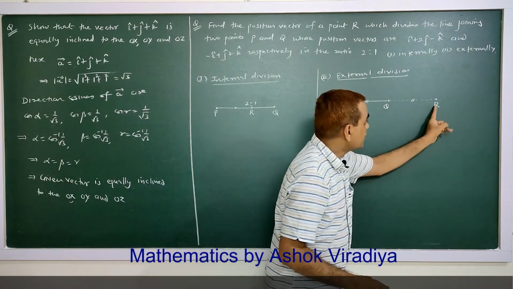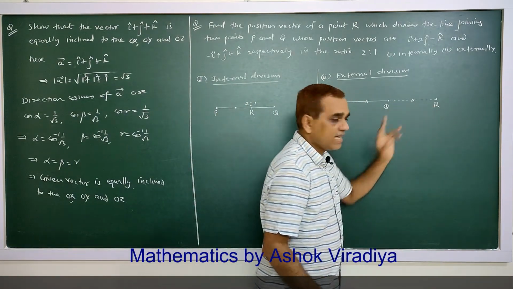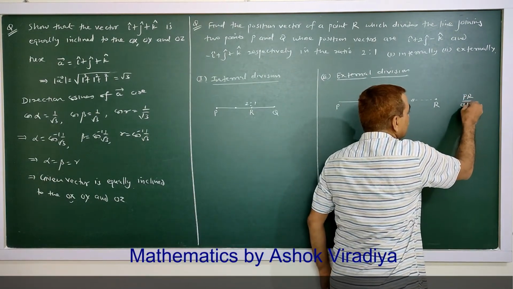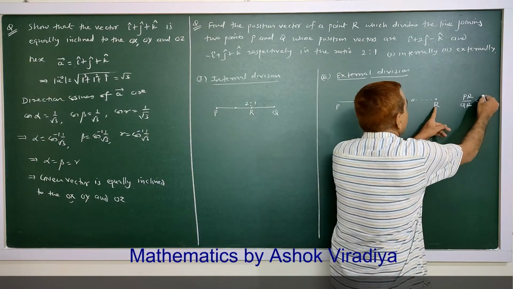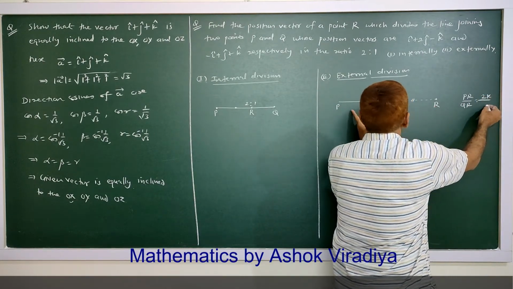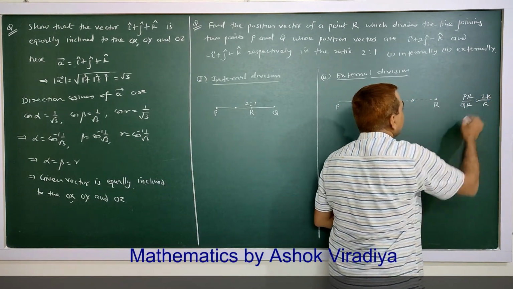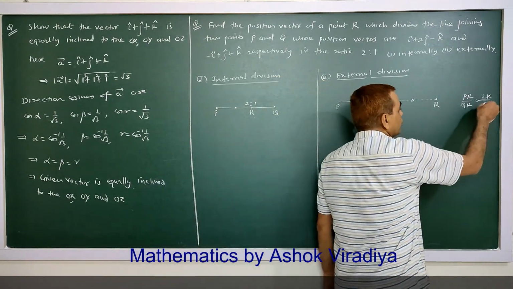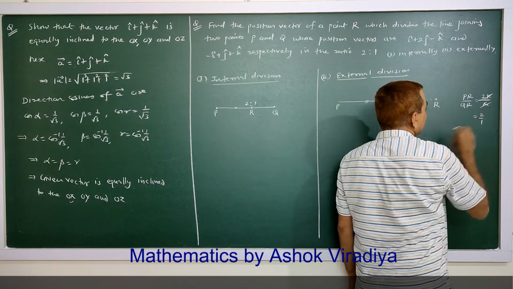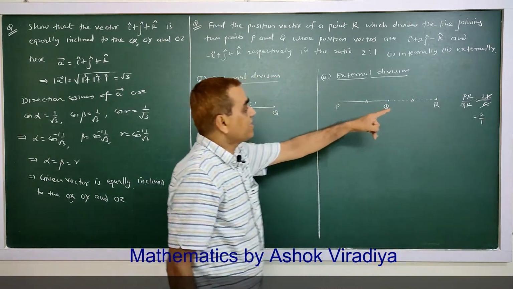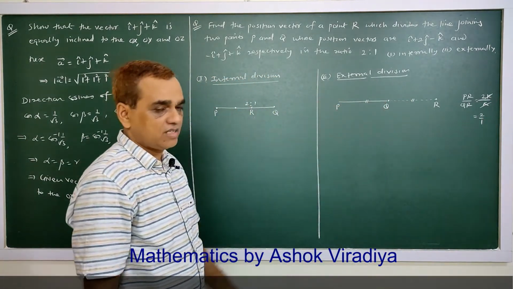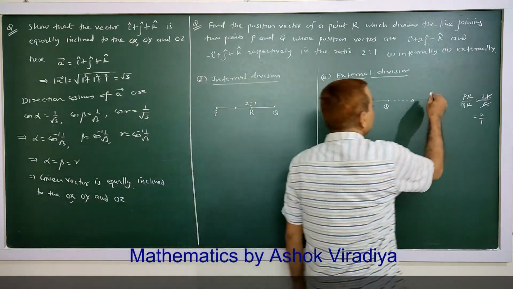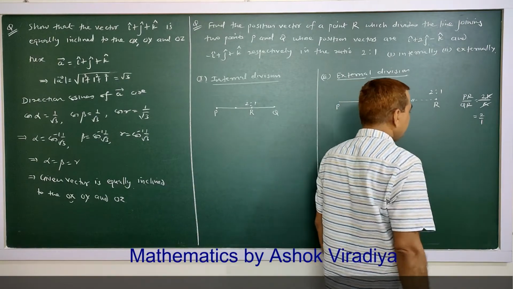So PR is 2K, QR is K. So ratio is 2:1. So here also R divides in ratio 2:1, but R is outside. So here it is 2:1 external division.